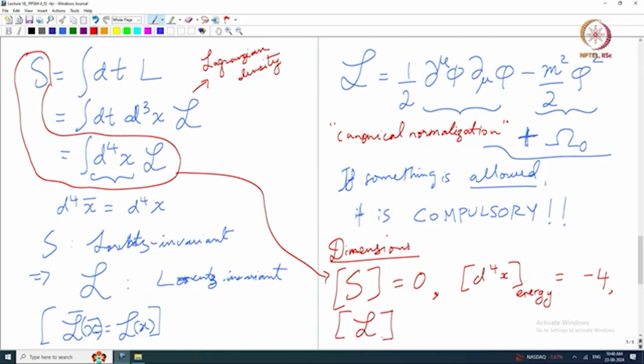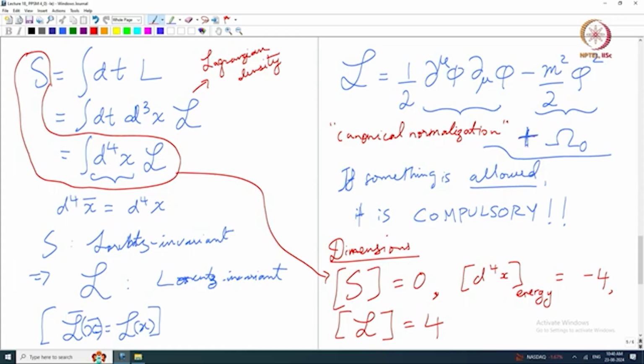So then you can answer me, what is the dimensionality of the Lagrangian? That is 4, the Lagrangian density, right? It goes as 4 powers of the energy.